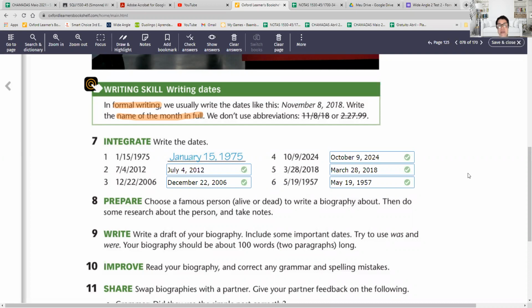You decide if you want to practice that. You can write some important facts about the person's life, but not a biography. Don't worry about this.